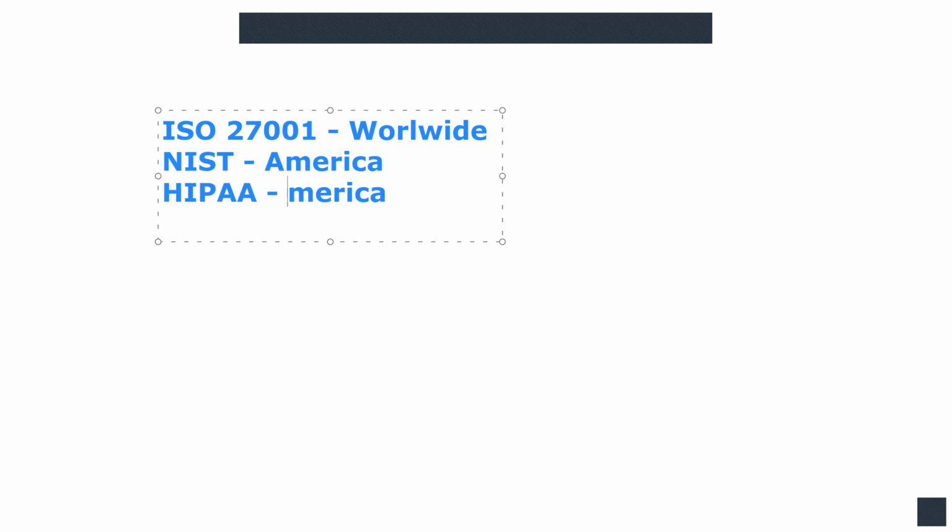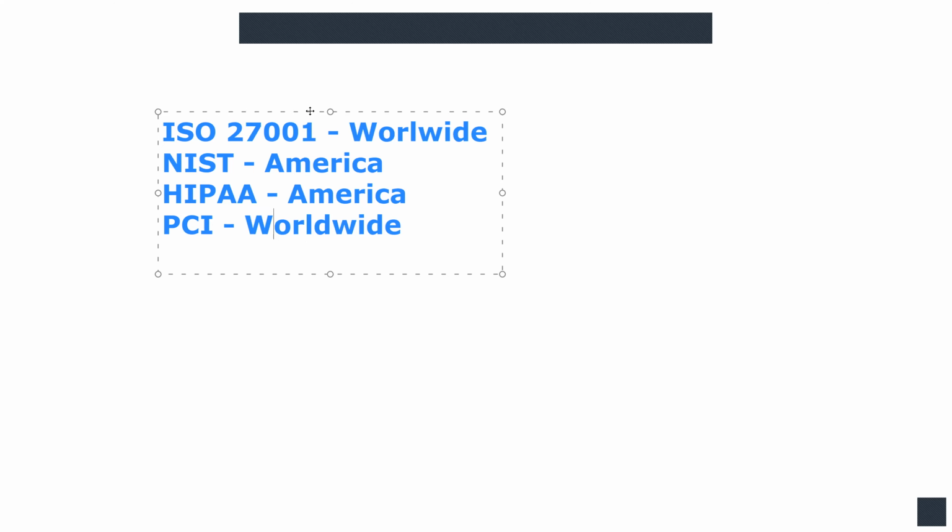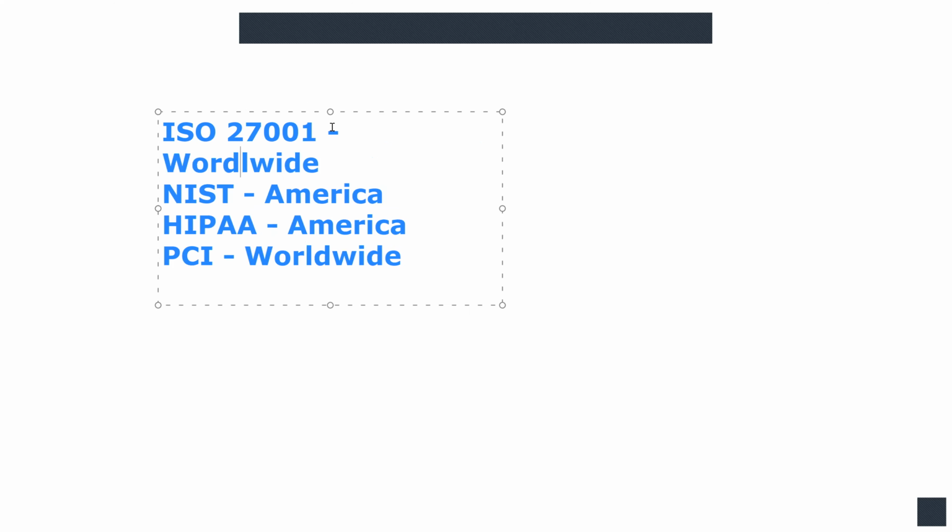You have PCI DSS, worldwide, and if you want to deal with credit card payments, these are the standards. These standards usually define some required documentation and some security controls. We will go through the ISO 27001 documentation and controls through this course.